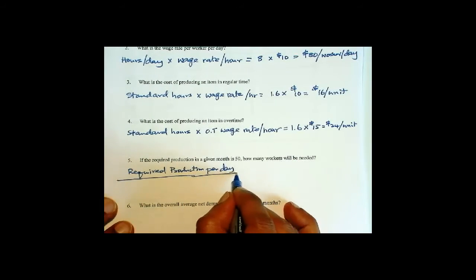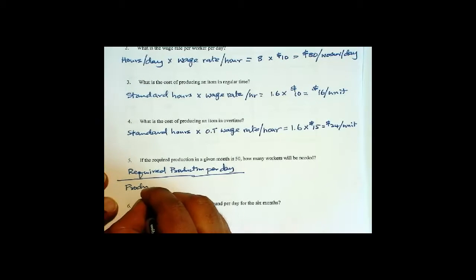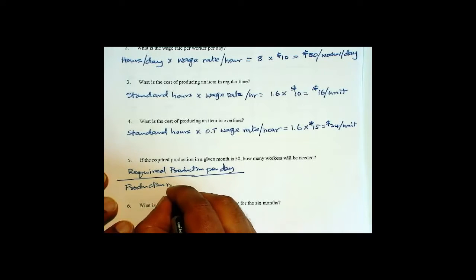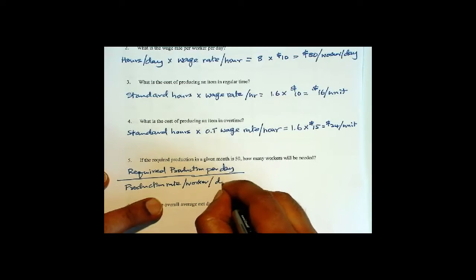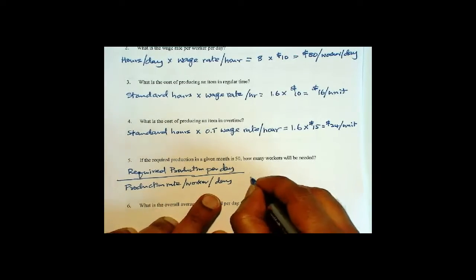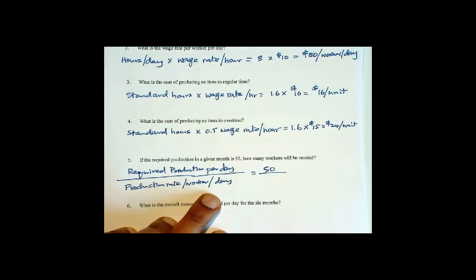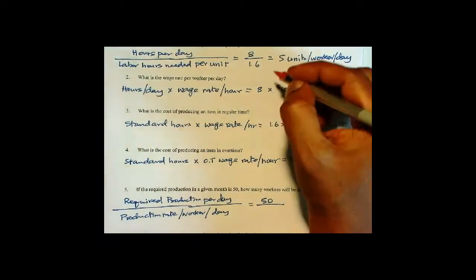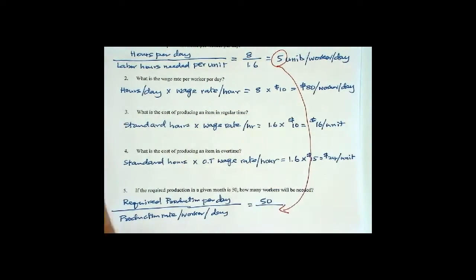So divided by the production rate per worker per day. How many units will one worker produce per day? So that is 50 divided by, remember we computed the production rate per worker in the first problem, so we'll use that over here. So we'll need 10 workers.